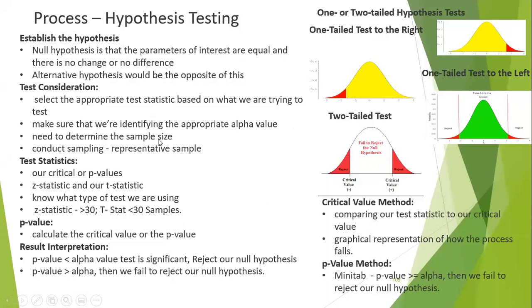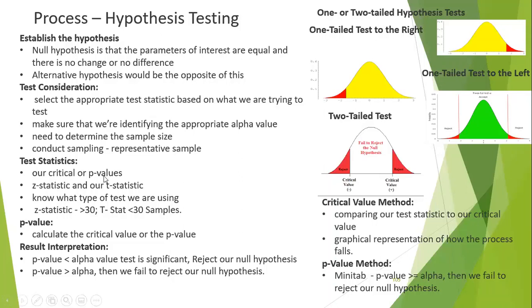That's what we discussed last time. Finalize the sample size and conduct sampling with representative samples. The sample taking we discussed earlier, right? How to take the sample, random sampling or stratified sampling. You have to identify which sample you are going to select and how you are going to run this particular test. Based on this test consideration, we are going to do the test statistics.